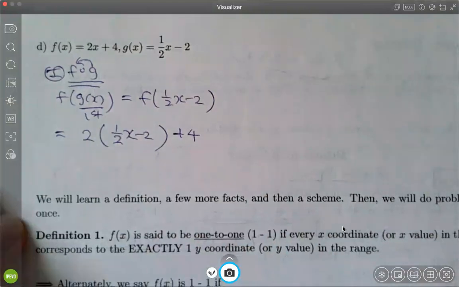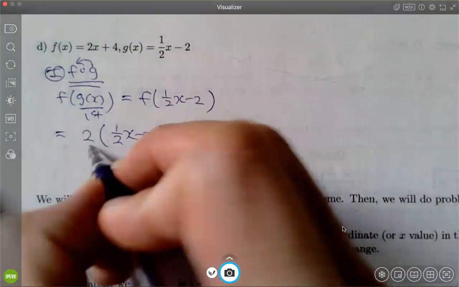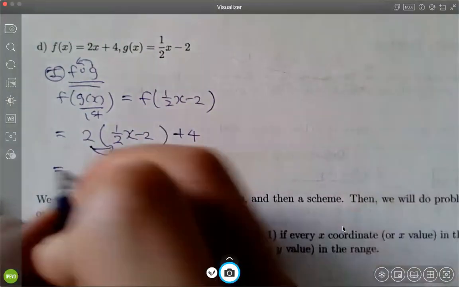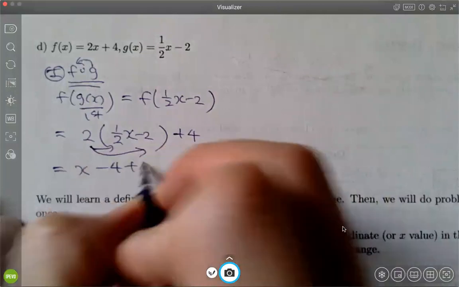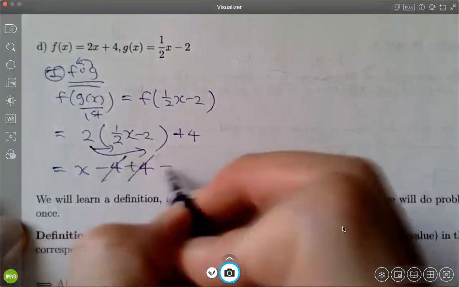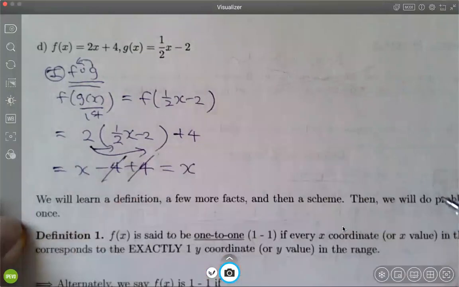To clear parentheses, we distribute 2. So what do you get? x minus 4 plus 4, right? Now simplify this. These two cancel, and that's equal to x. Is this a good sign?